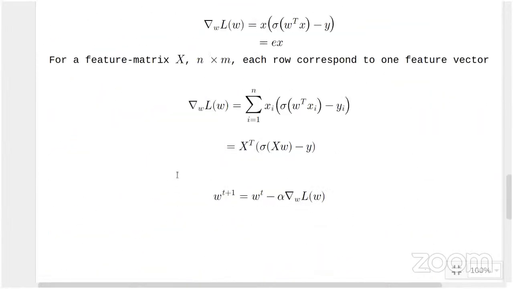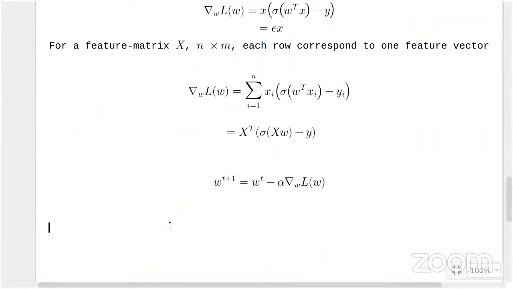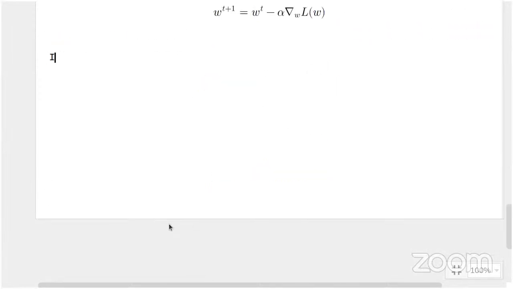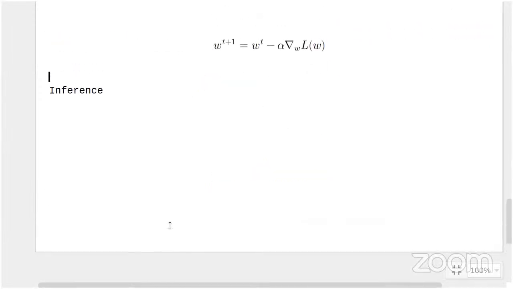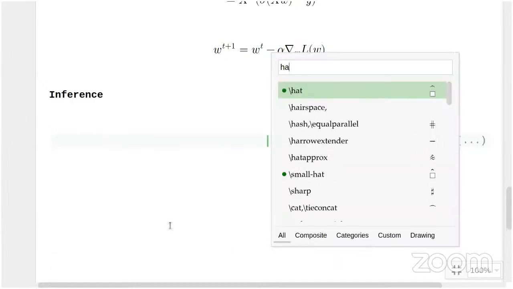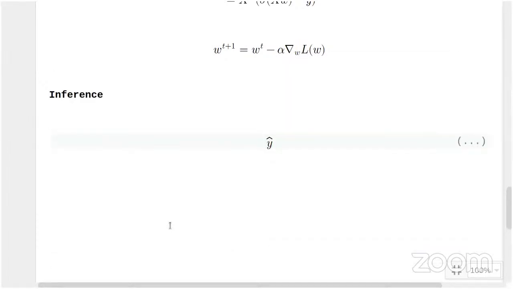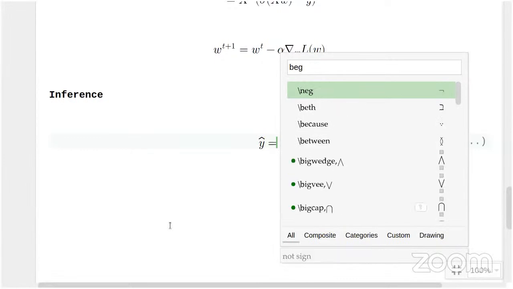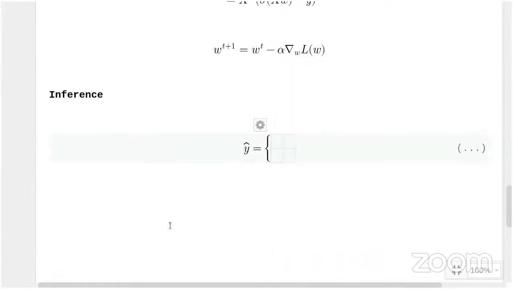One final point before we close logistic regression: how does inference happen? You want to predict a y hat, which will be 1 or 0.